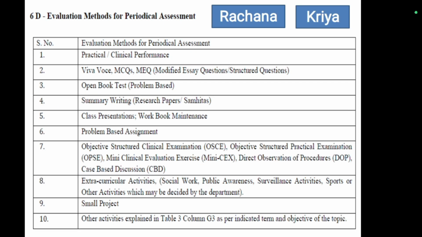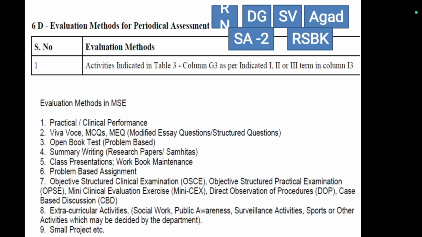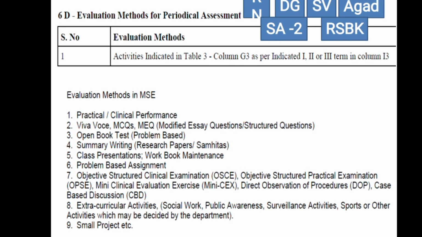Same 1 to 10 are applied for Rachna and Kriya, and the same are in the second year evaluation method for periodic assessment, 1 to 9 plus 1. So by this, now it is clear that it is not mandatory. It is one of the assessment methods in periodic assessment.